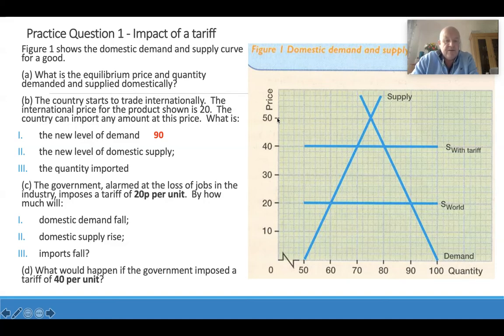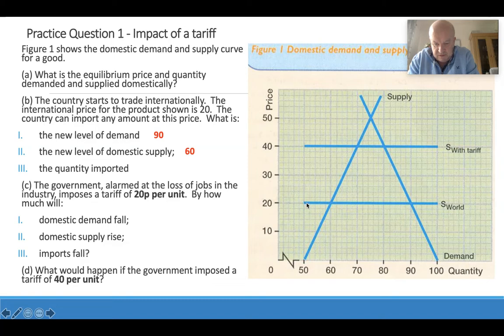If we're just looking at supply and demand in the domestic market, then there's going to be no impact. The change in world price or a tariff wouldn't have any impact if we weren't trading internationally. So if we start to trade internationally, the international price of the product shown is 20.